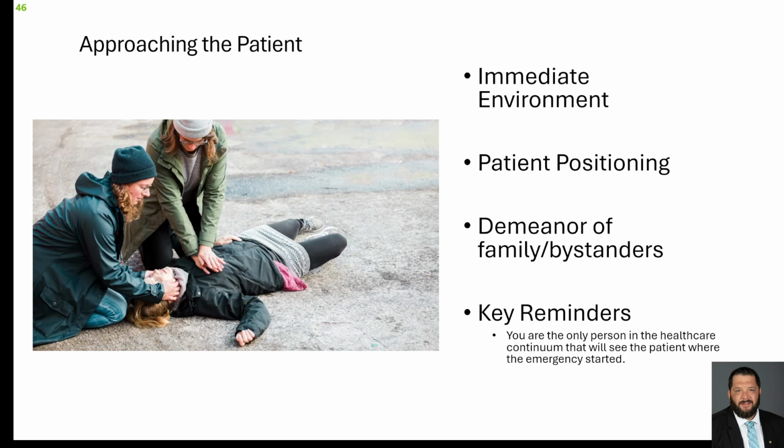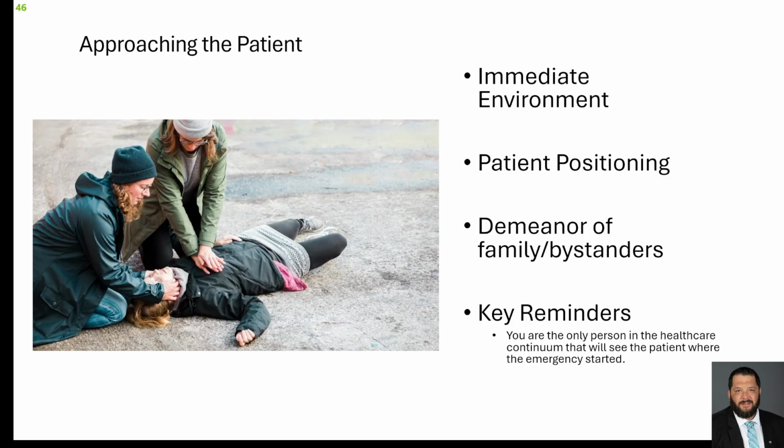Okay. So look at the patient's position or their immediate environment around them, and then look at their positioning in the environment. Okay. Are they in an unnatural position? When someone has a syncopal episode and goes unconscious, okay, they typically fall and land in a way that's not a natural lying position, right?